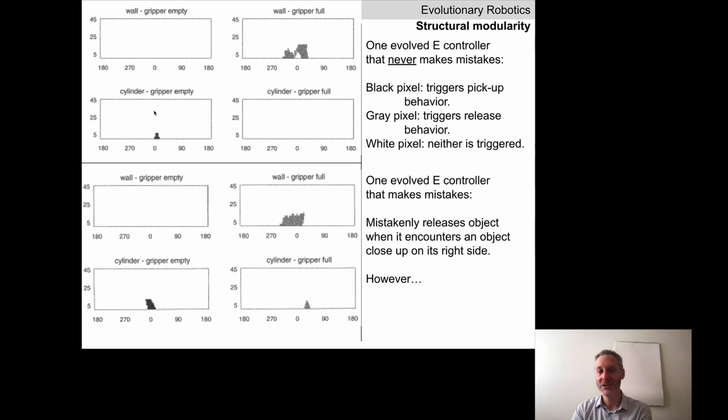In the higher regions of this panel, if the cylinder is too far away, the robot doesn't try and grasp it. And in the far left and the far right regions of this panel, the robot is angled too far to the left or angled too far to the right from the cylinder to be able to grasp it, and it does not attempt to do so. Tell me about this cluster of gray pixels up here. What does that tell you about this particular robot's behavior?